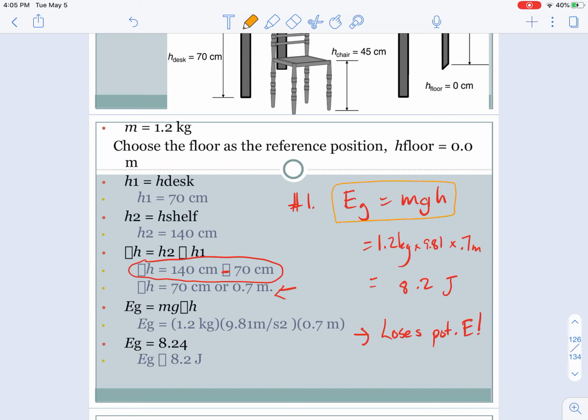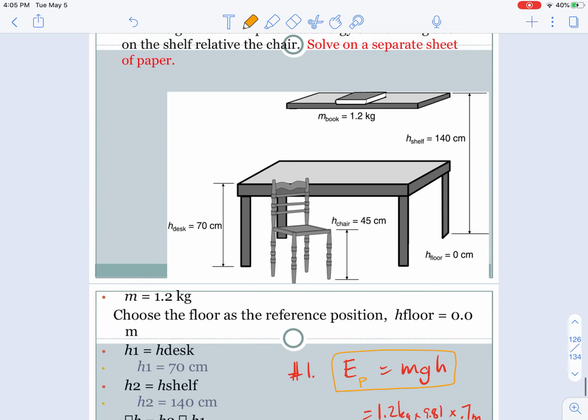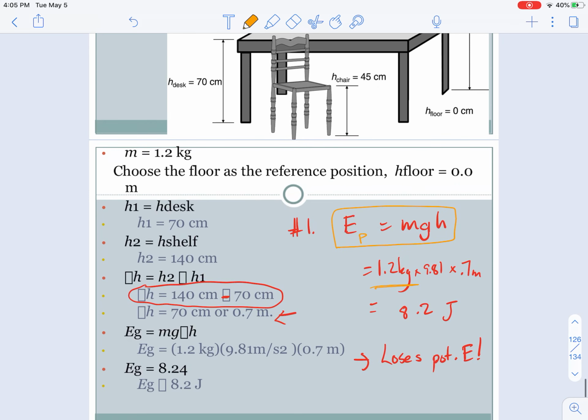And so for the example of number 1 that we're working through together here in your questions, you always write your formula down, guys. Your potential energy here is mgh, and I should actually just put a P here. And the mass of your book has to be in kilograms, 1.2 kilograms times 9.81 meters per second squared.